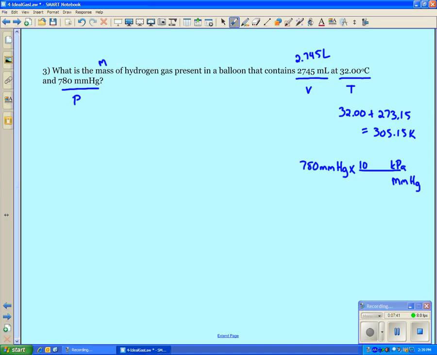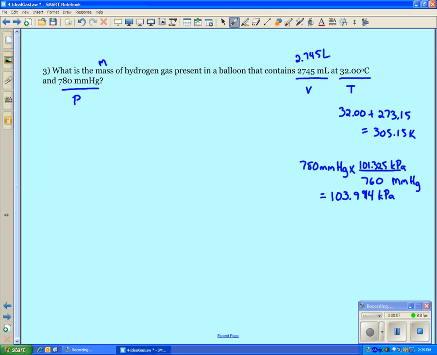So 101.325 kilopascals is equal to 760 millimeters of mercury. Those are the two equivalencies we want. So your pressure that you're going to need in your calculation is 103.9914, and there's a few other trailing decimals in that. Keep that in your calculator for your calculation.